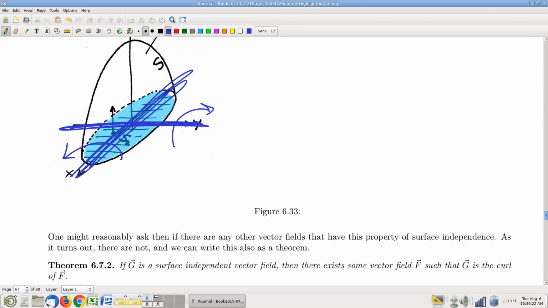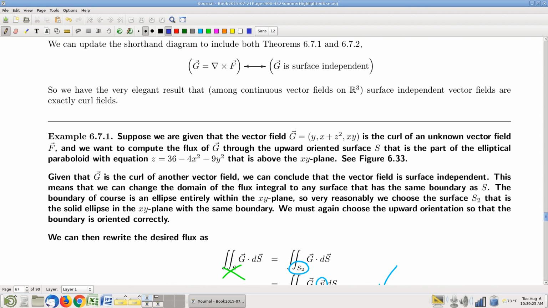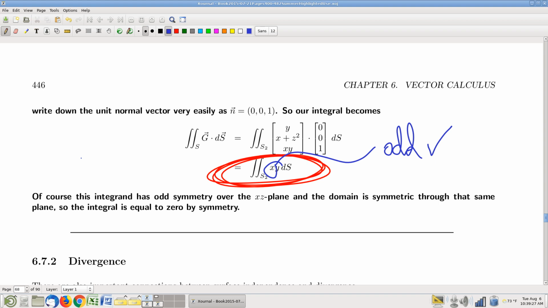Take your pick. Doesn't matter. This function, furthermore, luxury, this function is odd over, take your pick, it doesn't matter which axis. So you have choices on how to make your symmetry argument, but the answer to this question is therefore 0. So powerful conclusion there.